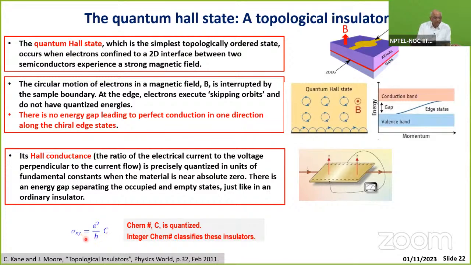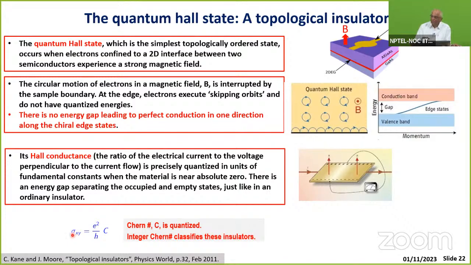And you can see, phenomenally, a great thing here: this transverse conductivity depends only upon the physical constants and has nothing to do with the material. There is no material-related property in that equation. It's purely fundamental constants. So the quality of this material doesn't play a role in this conduction.